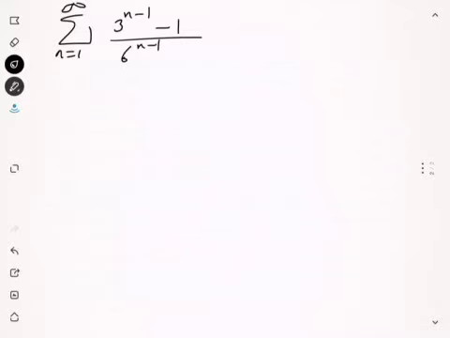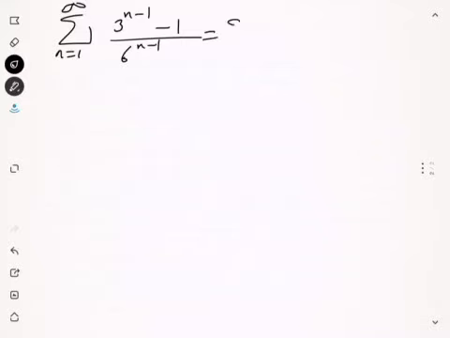Let's say you wanted to see whether this series converges or not. You have a series from 1 to infinity of 3 to the n minus 1 divided by 6 to the n minus 1.